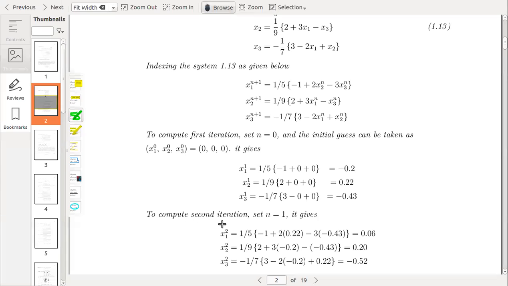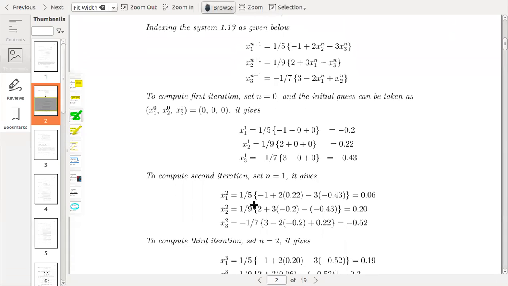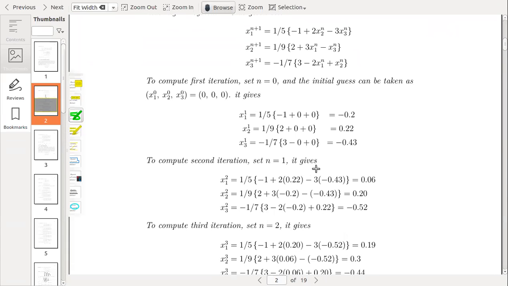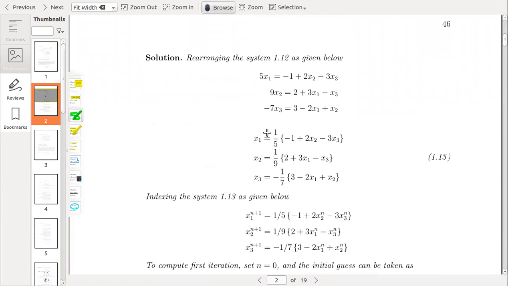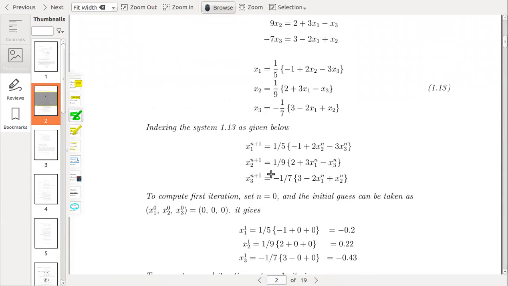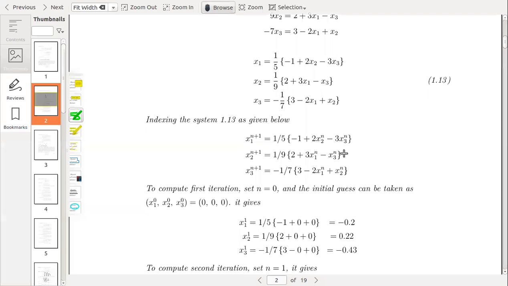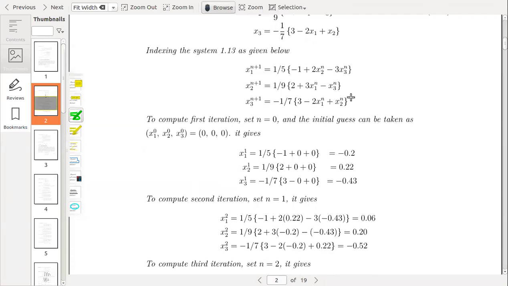To compute the second iteration, set n = 1. It gives x1 power 2 equal to 1/5 (-1 + 2 into 0.22 ...). So for the second iteration, this is the formula: you put n = 1, so x1 power 2 is built from 2x2 power 1 and 3x3 power 1.